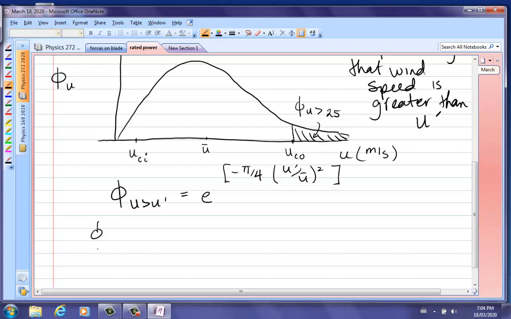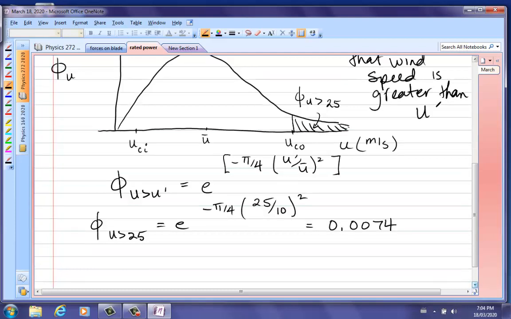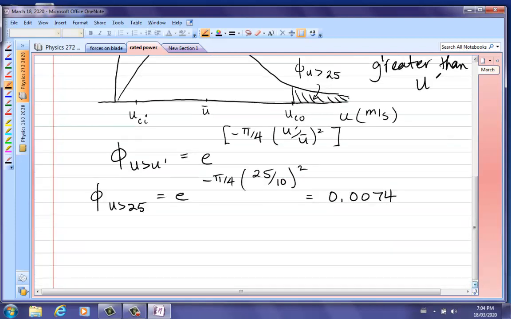The probability that the wind speed is greater than 25 meters per second is just e to the minus pi over 4, 25 over 10, the mean wind speed's 10, squared. And that probability works out to be 0.0074. So it means that there's only a 0.74% chance the wind is going to be blowing stronger than 25.